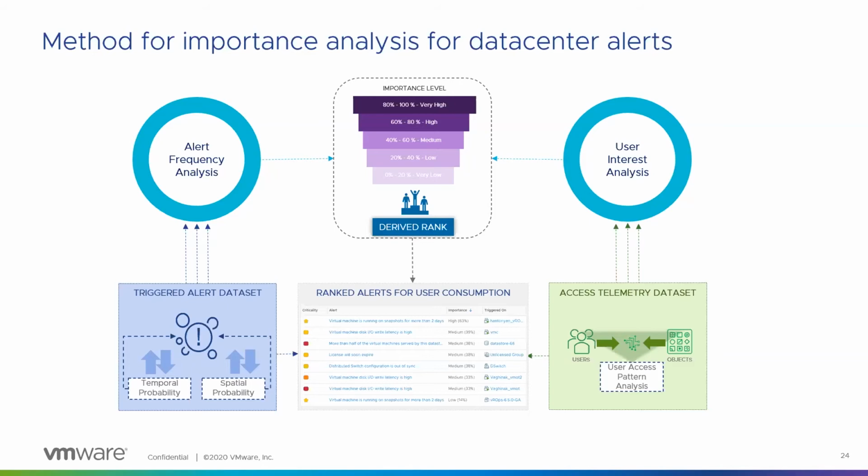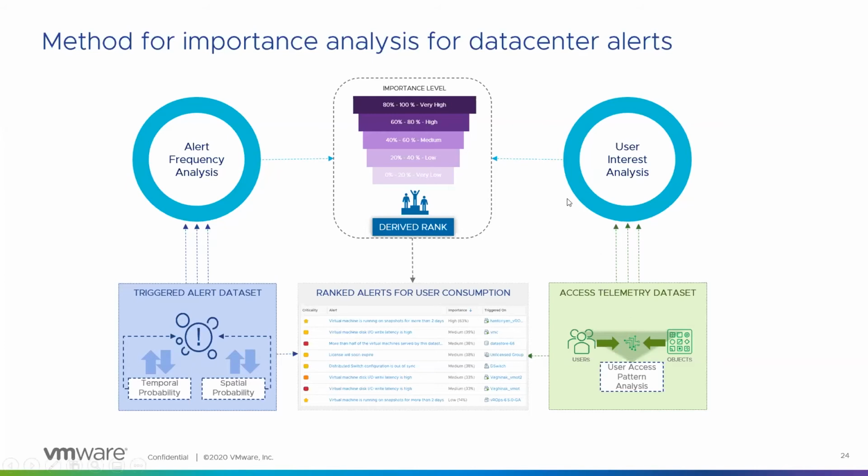So if the behavior towards the SQL Server VM or an application is very critical, meaning hundreds of people are looking at that object every day, day in, day out, through reports, through summary pages, through user interaction within the product, that object would be given a higher ranking as compared to the others. And that is the access telemetry data set, which is used for deriving the pattern of usage and that derives the user interest analysis. We take a composite of both of these to come up with the importance level and derive the importance score for the given alert.